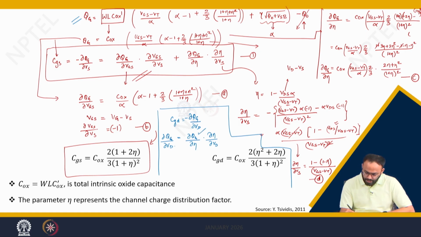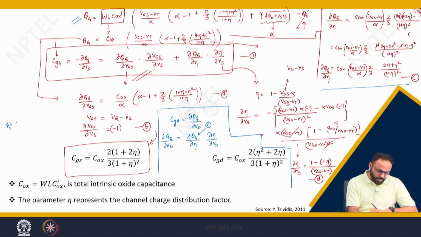We have this expression in equation number C. So you use equation number C and differentiate eta with respect to Vd. So eta is equal to what? 1 minus Vds divided by Vgs minus Vt into alpha. So when you differentiate, delta eta by delta Vd is equal to minus alpha divided by Vgs minus Vt.